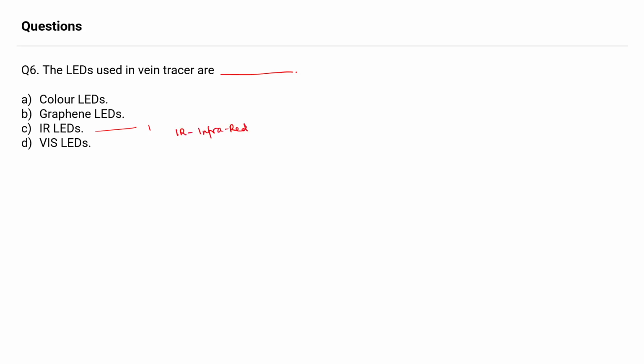Correct, ma'am. These are the infrared LEDs, and how it helps in the detection of vein, it's called a vein tracer. The intensity of the light helps the vein to be traced out. It shows a dark line. Correct, ma'am.